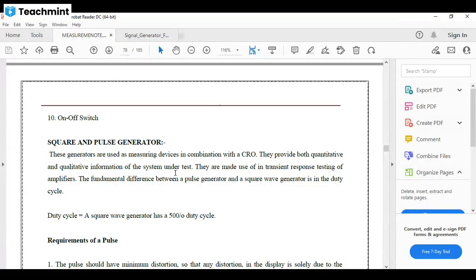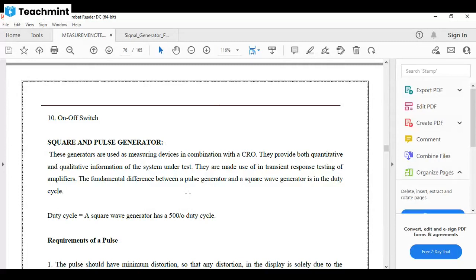The fundamental difference between a pulse generator and a square wave generator is the duty cycle. The duty cycle of a square wave is 50%, and a pulse has a different requirement.